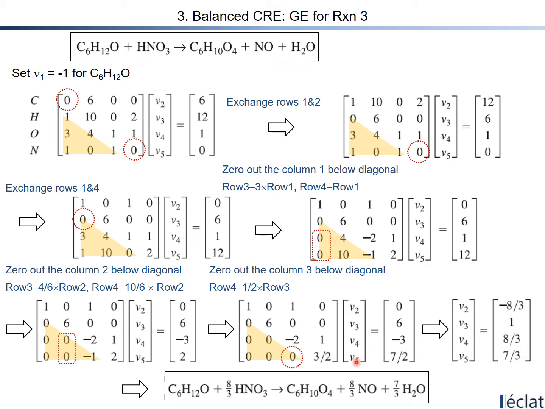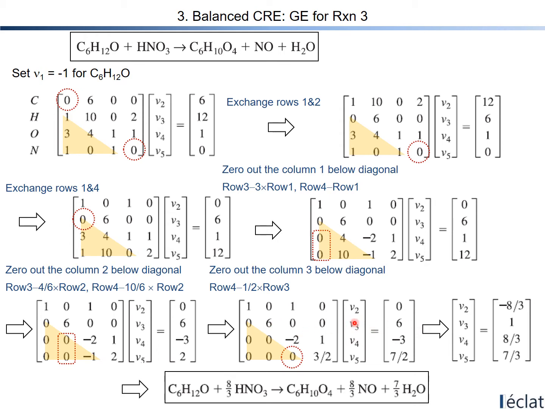And then after inputting the value of nu 5 into the second equation, you can get the value of nu 4. Then by using nu 4 and nu 5 in this equation, nu 3 would be obtained.